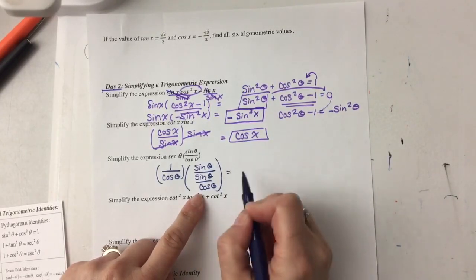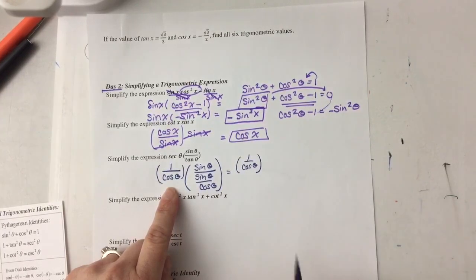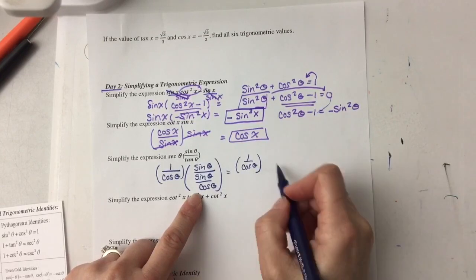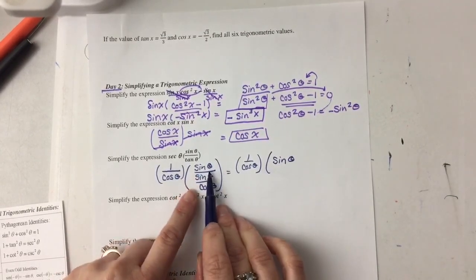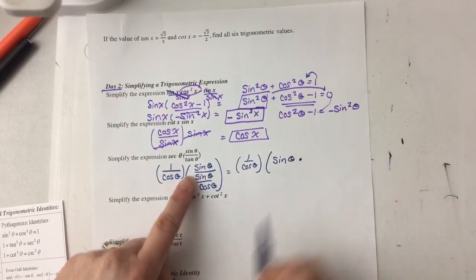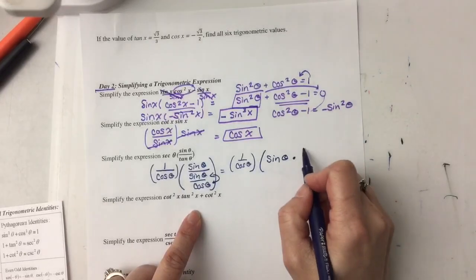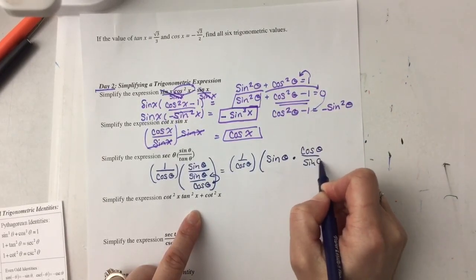You can't divide a fraction. So for now, I'm going to leave my 1 over cosine. We're going to leave that the way it is. I can't keep this. So I need to go ahead, keep the sine of theta the way it is. Change divide to multiply. You flip the bottom fraction upside down. So this becomes cosine of theta over sine of theta.